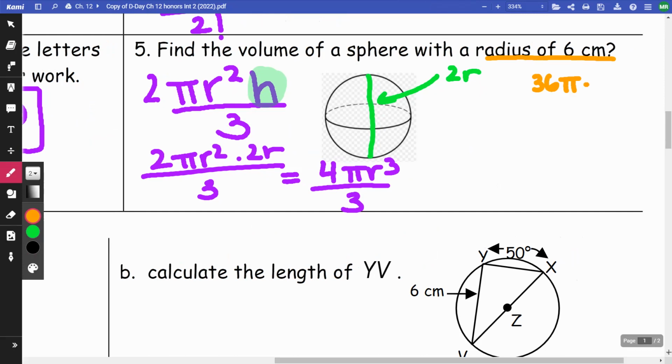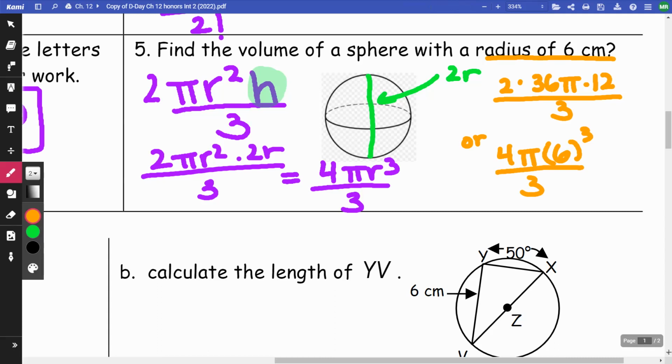My height is going to be really the diameter, so that is going to be 12. And then I could times this by 2/3, or I can use the formula 4 pi times my radius cubed over 3. Both of these are going to give me the same answer.